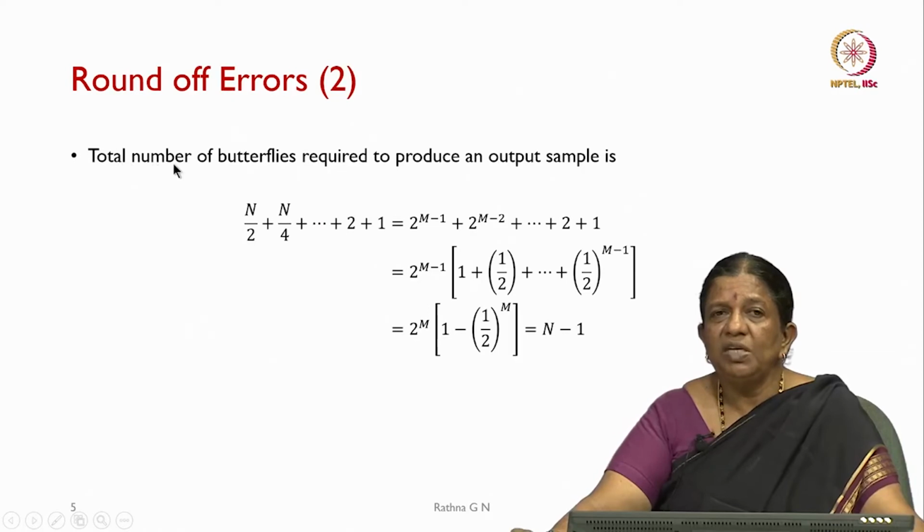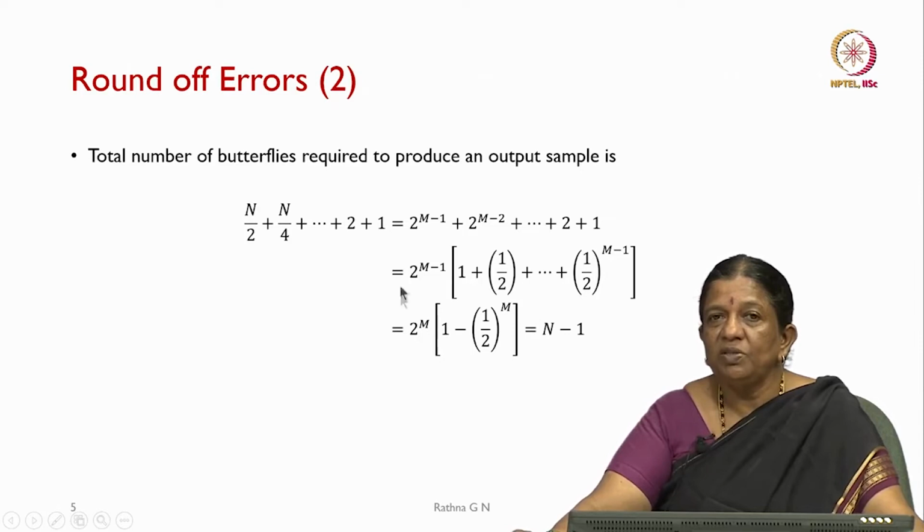The total number of butterflies required to produce an output sample is n by 2 plus n by 4, and so on, plus 2 plus 1. When you take the series expansion, it is nothing but 2 to the power of m minus 1, 2 to the power of m minus 2, and so on, plus 2 plus 1.